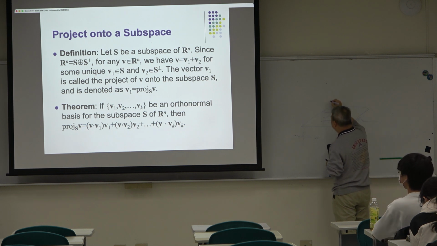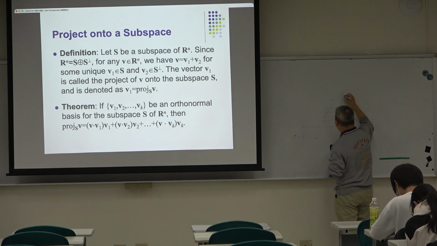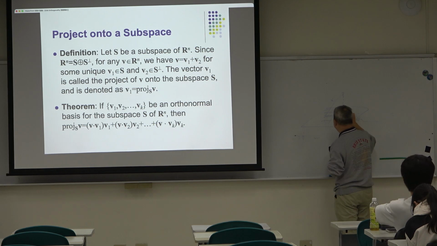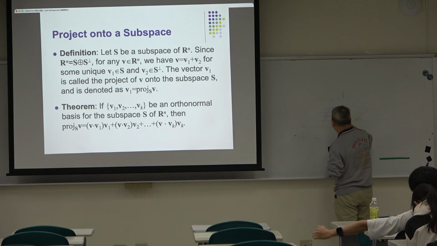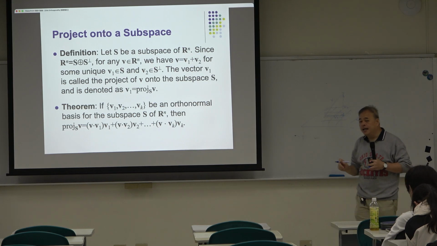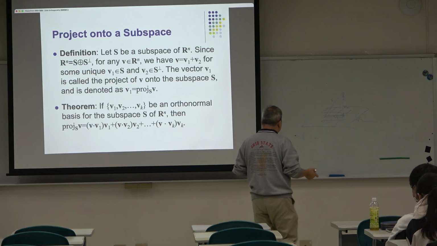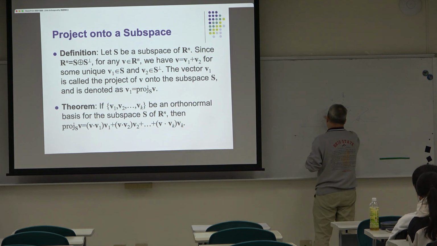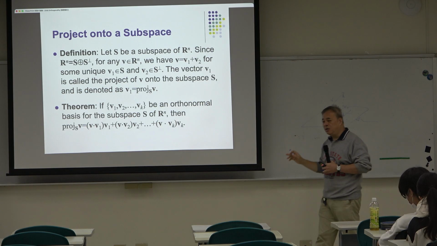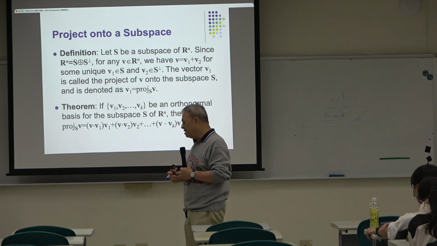So for any vector, you can project this vector to this hyperplane. So this is V1, this is V2, where V1 and V2 are perpendicular. V1 is in S, and V2 is perpendicular to this hyperplane, or you can say V2 is an element in S orthogonal.